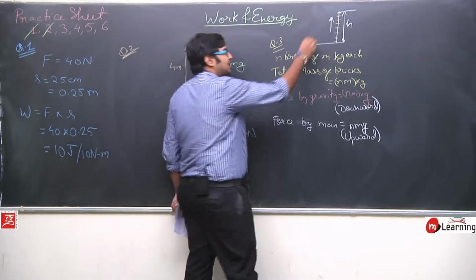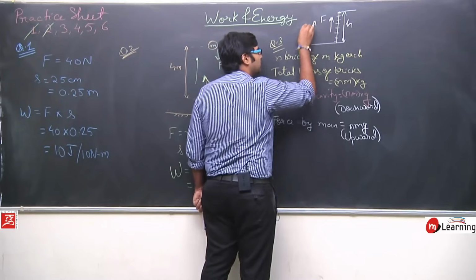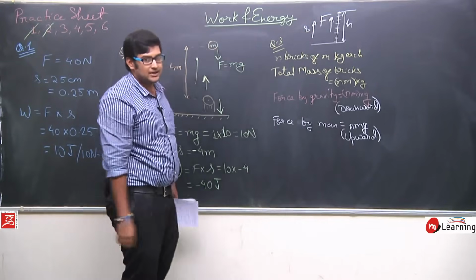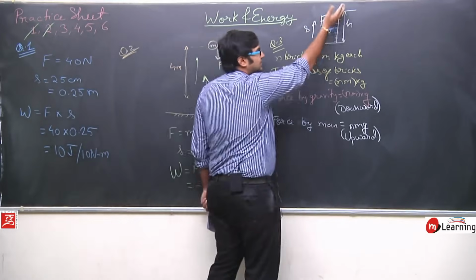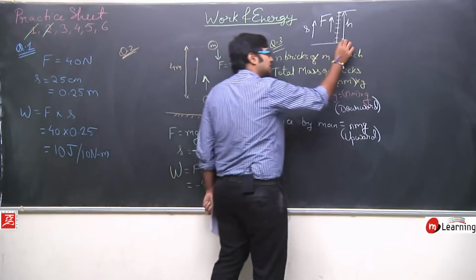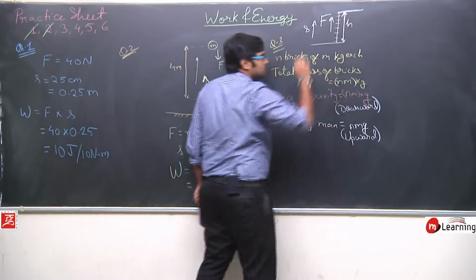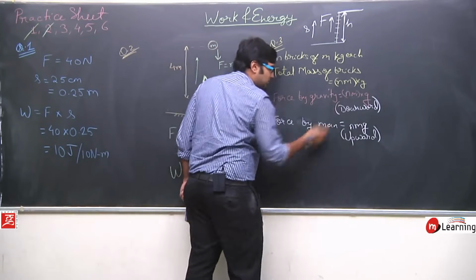So here the direction of force and the direction of displacement are the same. By how much distance is the man traveling? He has to travel h meters to keep the brick at the roof of this house, and he is applying the force N into M into G.